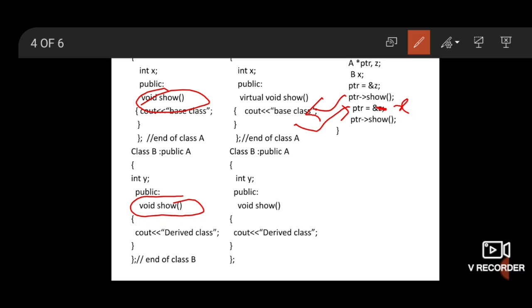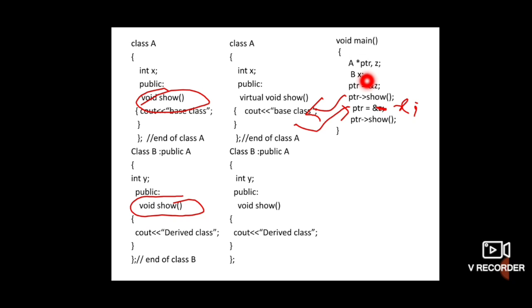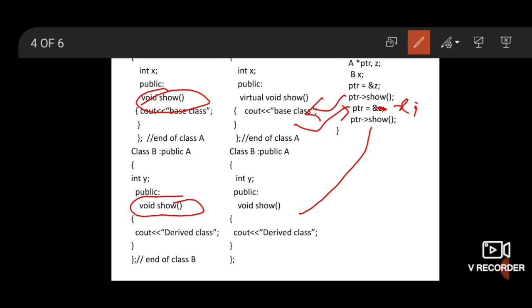Already in the previous statement, the address of the base class object was assigned to the pointer. Now the address of the derived class object is assigned to this pointer, so ptr is equal to &x. Now ptr arrow show means when the pointer comes here, it goes to the derived show, and after finishing this, it goes to the end of main.